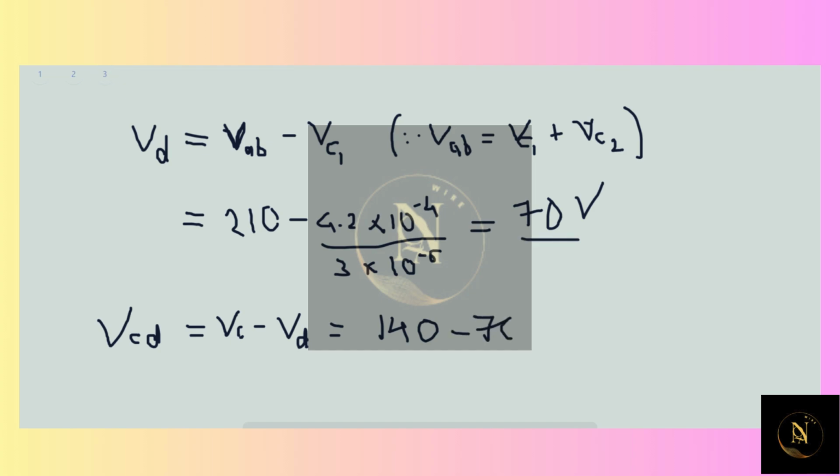So 140 minus 70 comes out to be 70 volts. So this is the final answer, the voltage across points C and D, VCD. This was the first part of the problem.